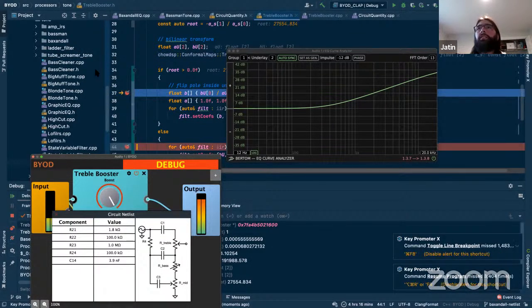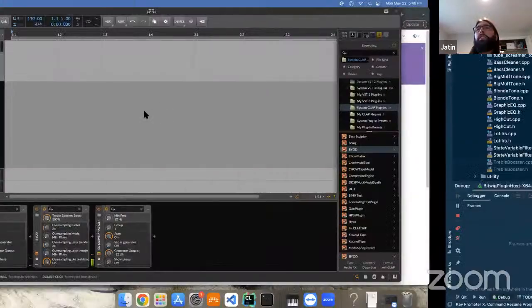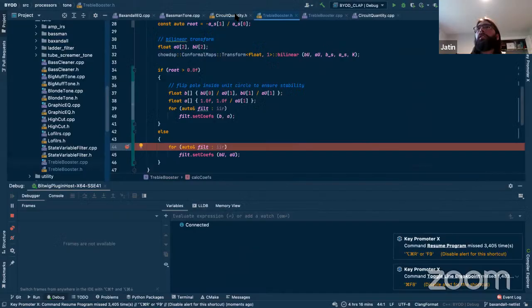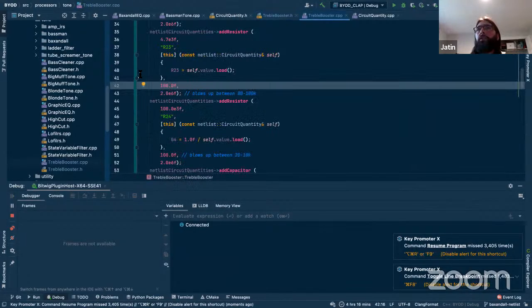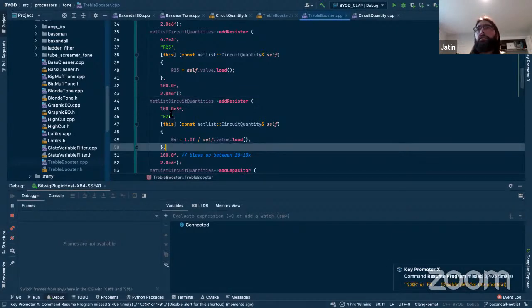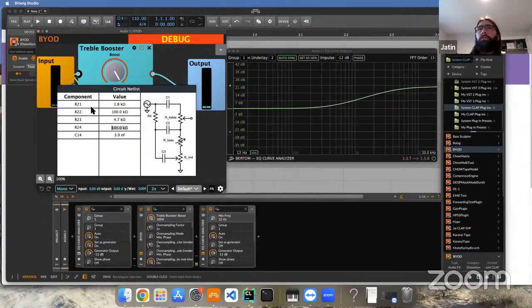And then let's see what kind of damage we can do with R24 now that we have kind of fixed that instability with R23. So this was 100K, and previously we could make it go unstable by bringing it down to something like 20K or 10K. So let's see, R24, if we bring it down to 30K, we're there.